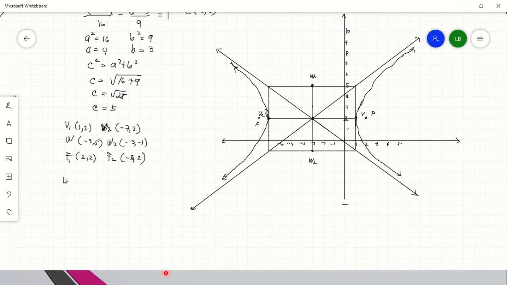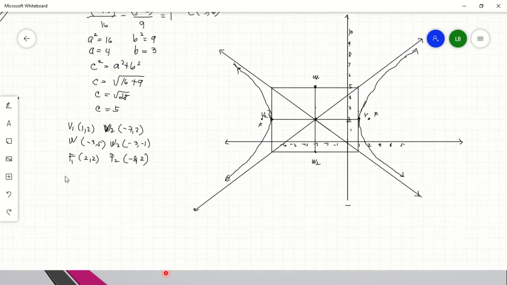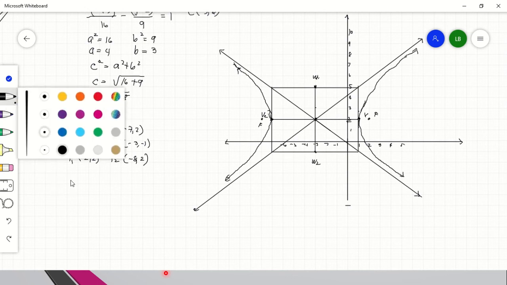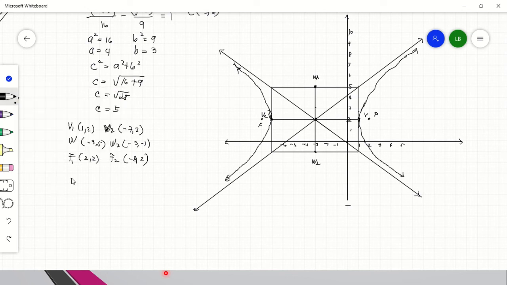So, for the equation of asymptote, so y minus k equals plus or minus.